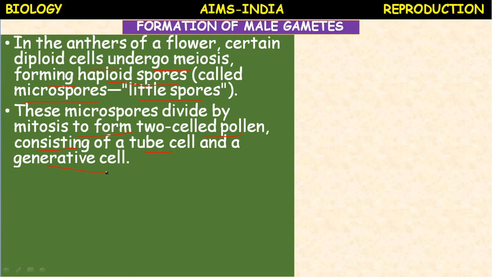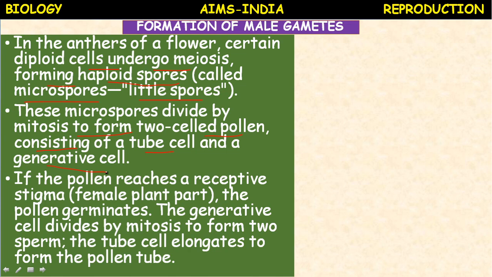Next, a pollen grain. If you take this pollen, or male gamete, it is the first cell of the male gametophyte. The size of the nucleus increases and it divides mitotically to produce a bigger cell, called the vegetative cell or tube cell, and a smaller cell, called the generative cell.